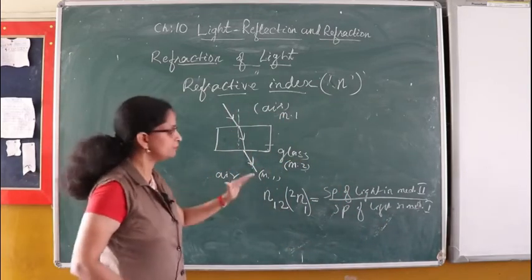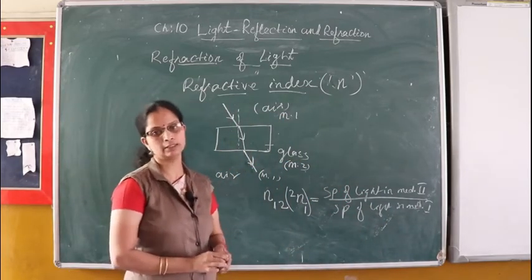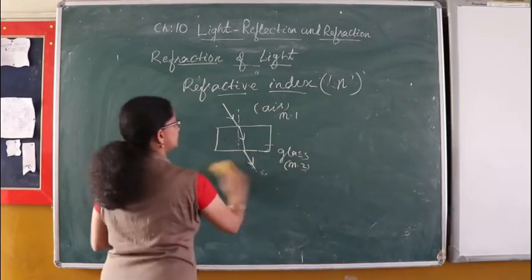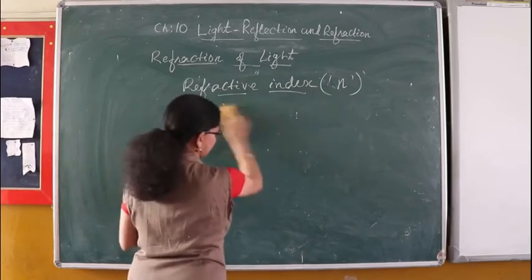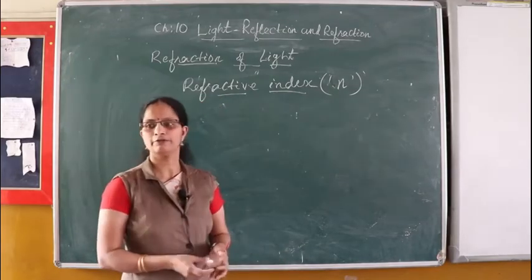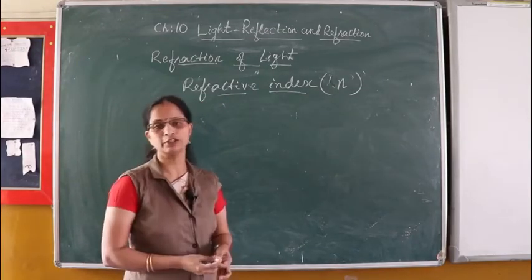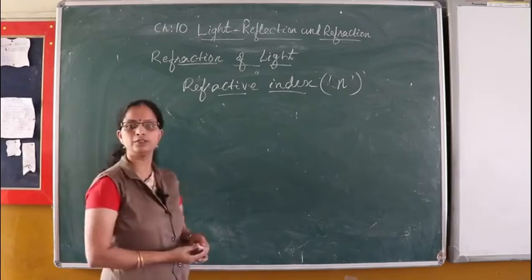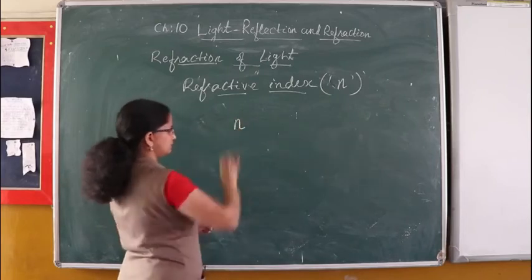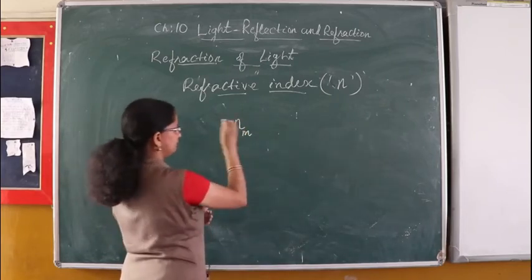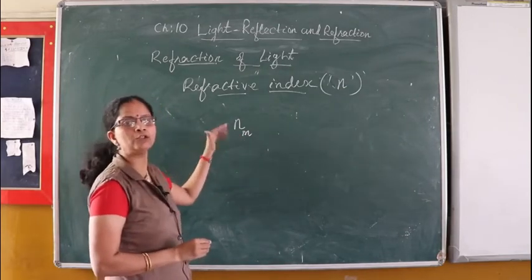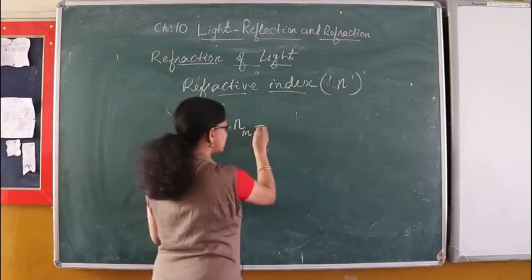So this is the way in which refractive index is expressed. And as we said just now, when light enters from air to any medium, when the first medium is vacuum or air, the refractive index is known as the absolute refractive index, or simply the refractive index.